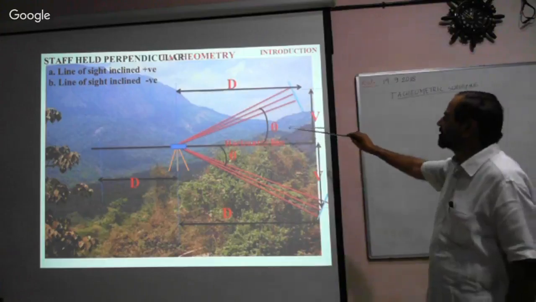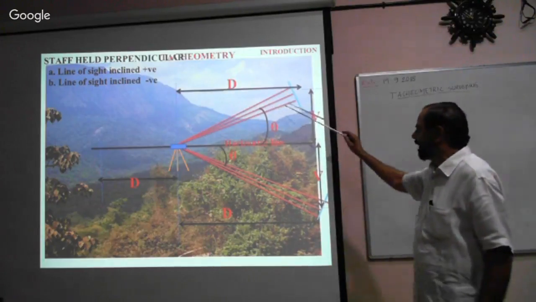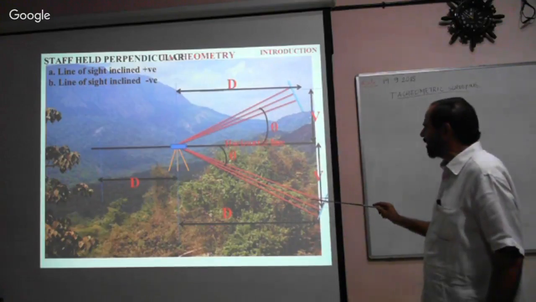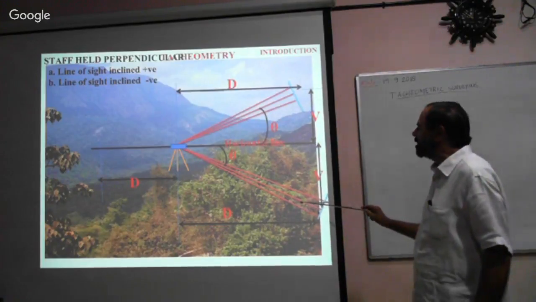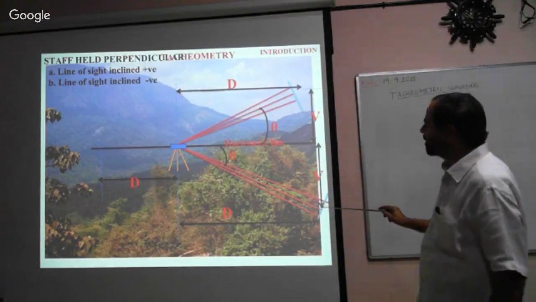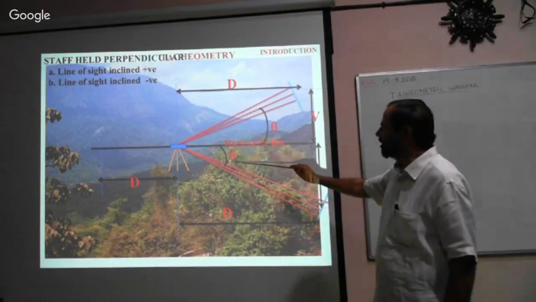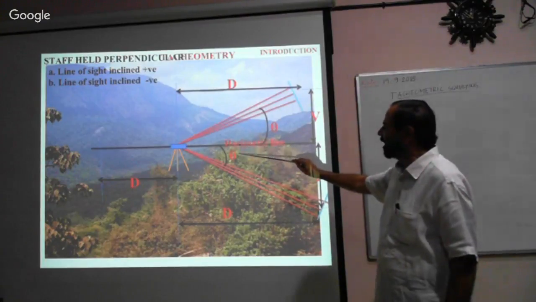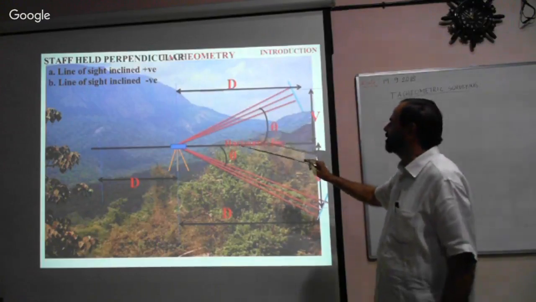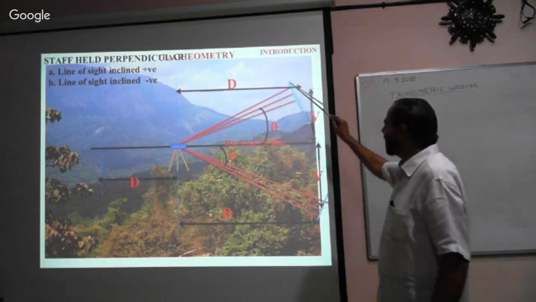When the angle measured is the angle of elevation, the staff held is inclined, perpendicular to the line of sight. This is another case. Then, when the angle measured is the angle of depression, there are another two cases we will discuss. In the previous case the staff was held vertical.